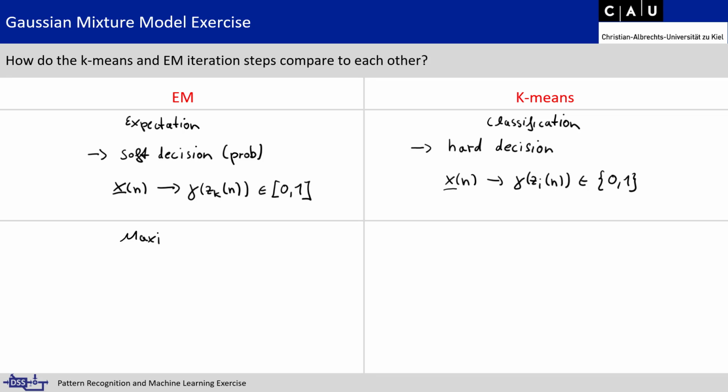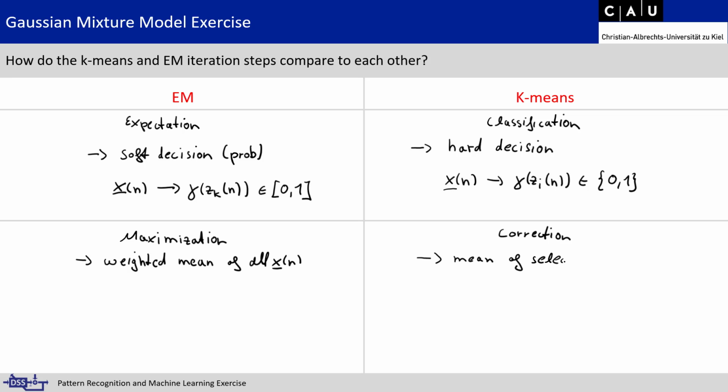Then the other step is the maximization step in the EM algorithm, which is more or less the correction step in the k-means algorithm. And because we use soft decision in the expectation step, the update for the means in the maximization step is basically a weighted mean of all available feature vectors, where for the correction, it's more of a mean that we compute on selected feature vectors.